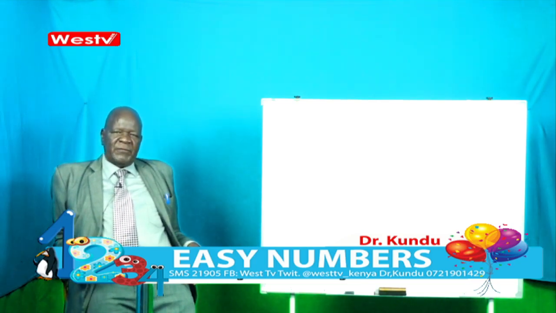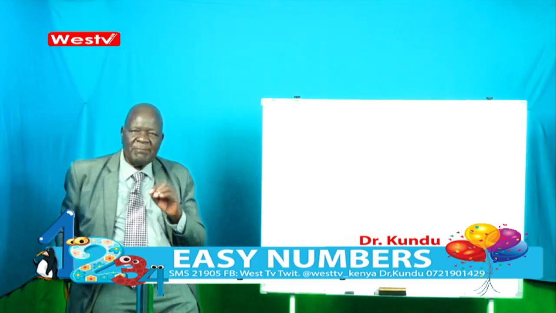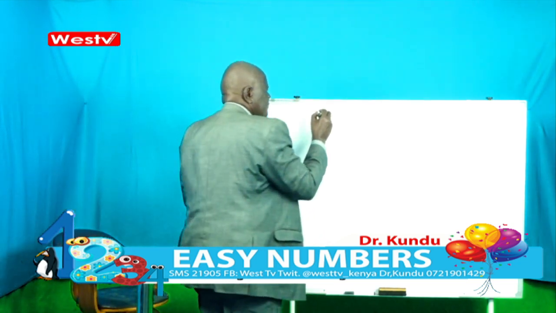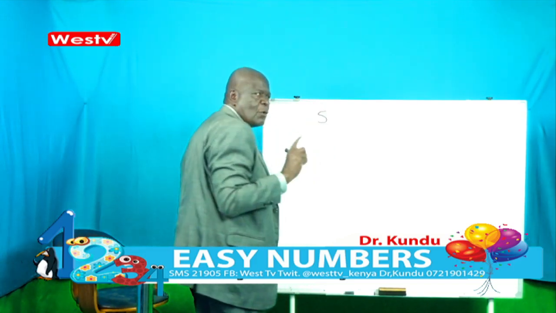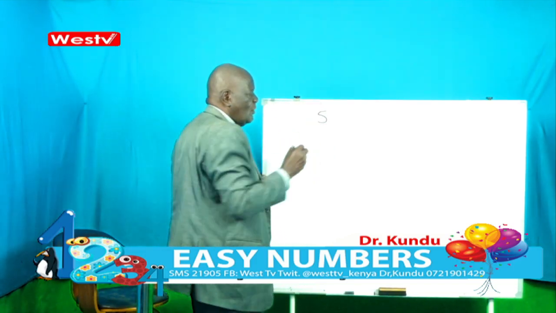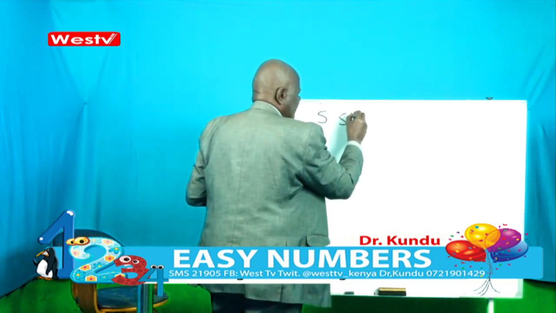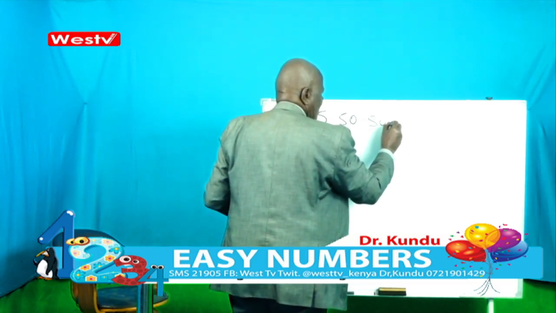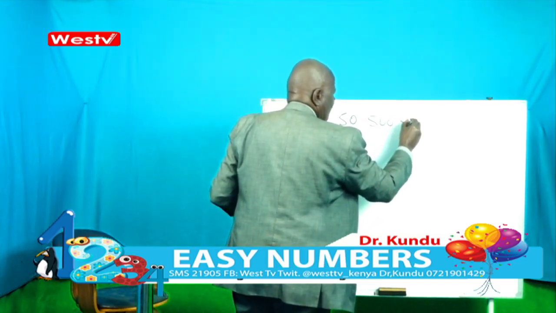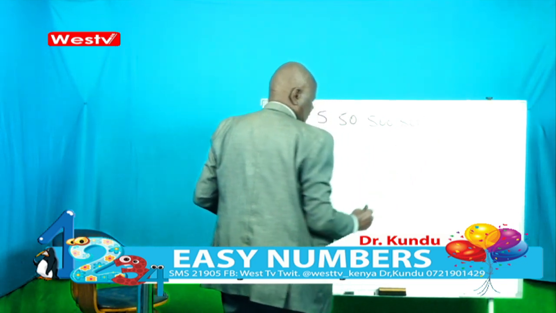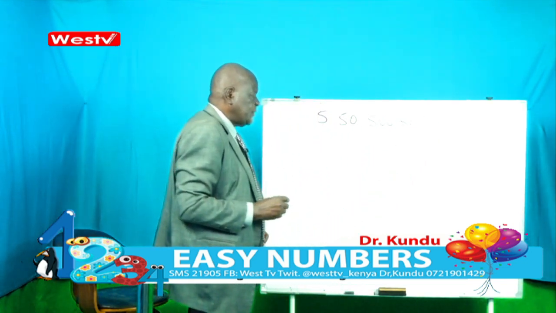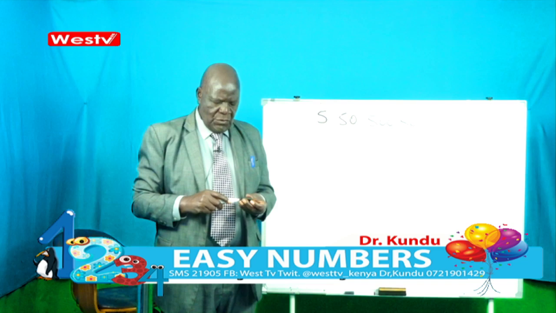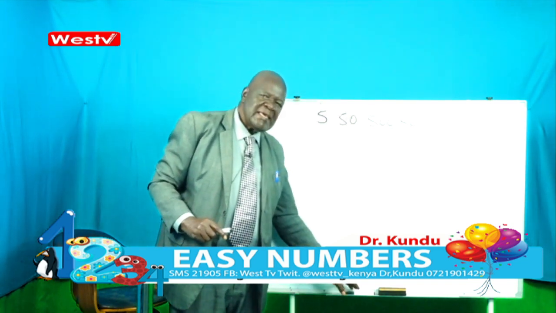Now, before we do that, I want you to understand what I mean by 5. 5, in my meaning, should be understood to be a 5 without any 0 at all, or 5 with a 0, or 5 with 2 zeros, or 5 with 3 zeros, and so forth. 5 is either 5 with no 0, or a 5 with as many zeros as you may care to put.